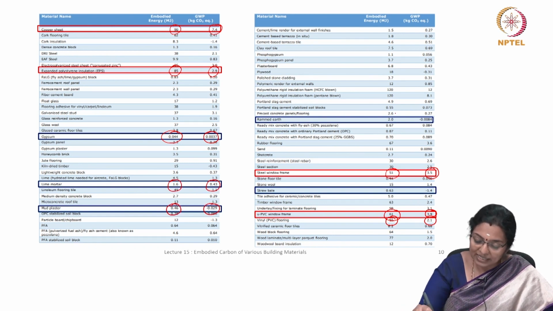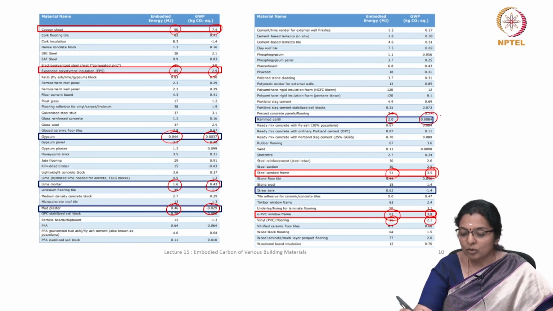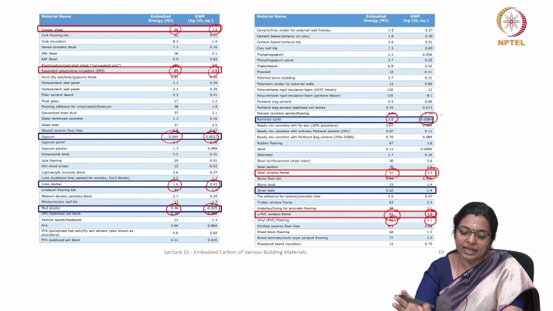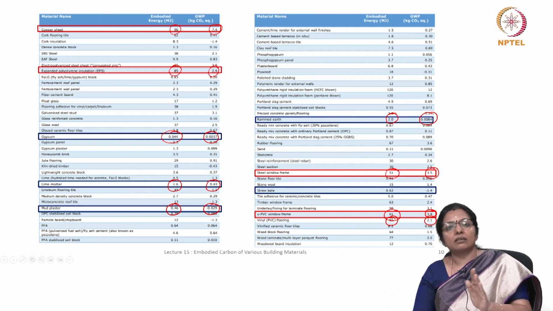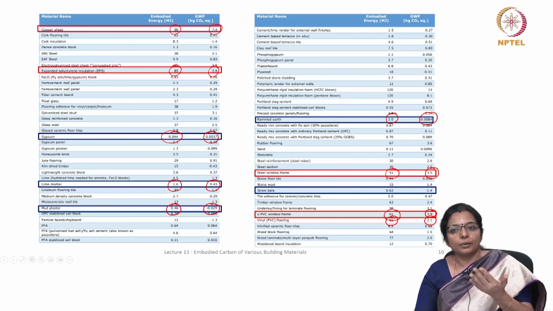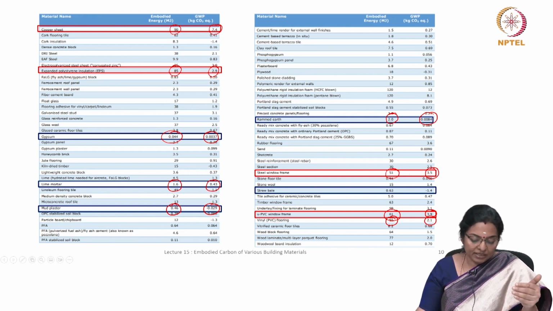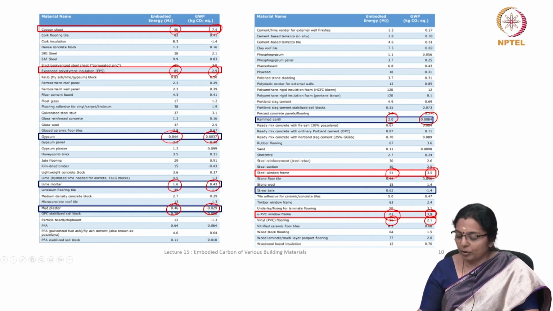We also see that rammed earth has very less embodied energy, and the global warming potential is in fact negative. It is a carbon negative material, and this gives us a perspective about the various materials in the Indian context and their embodied energy and global warming potential.